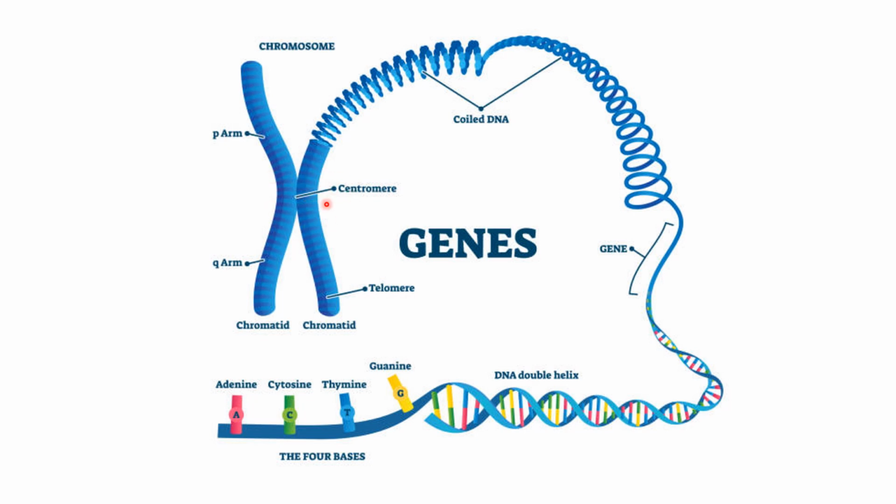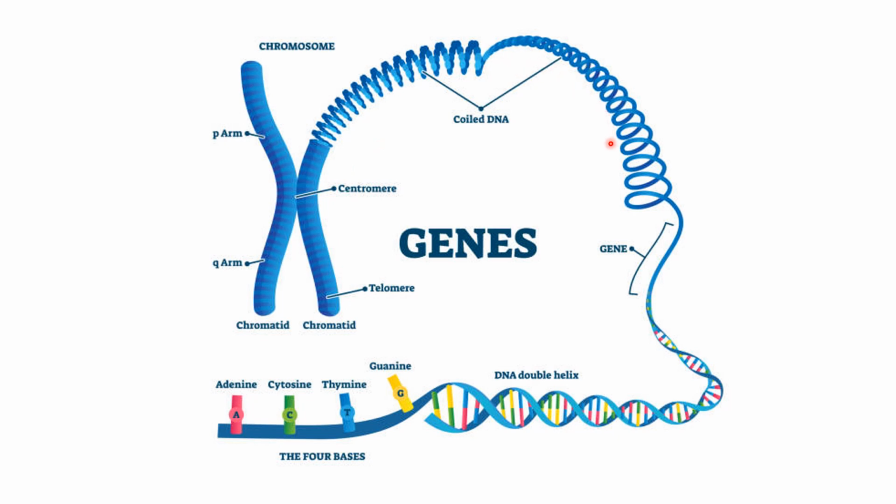It's called the centromere. And what is this chromosome made up of? Basically, this chromosome is made of coiled DNA. The DNA is coiled together and stacked upon each other to form the chromosome.